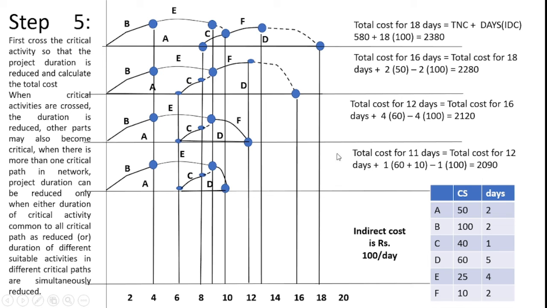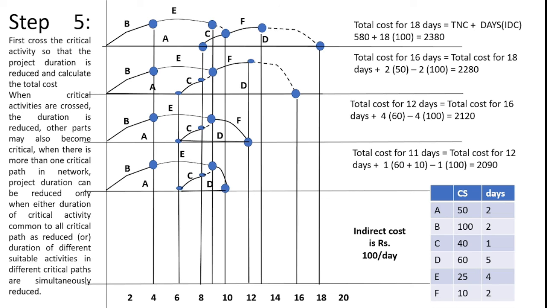Likewise, I can reduce the overall cost of the project, and also we can get the optimal duration and the optimum cost. So step 5 deals with first crashing the critical activity, so that the project duration is reduced, and calculating the total cost when the critical activities are crashed. The duration is reduced. Other paths may also become critical.